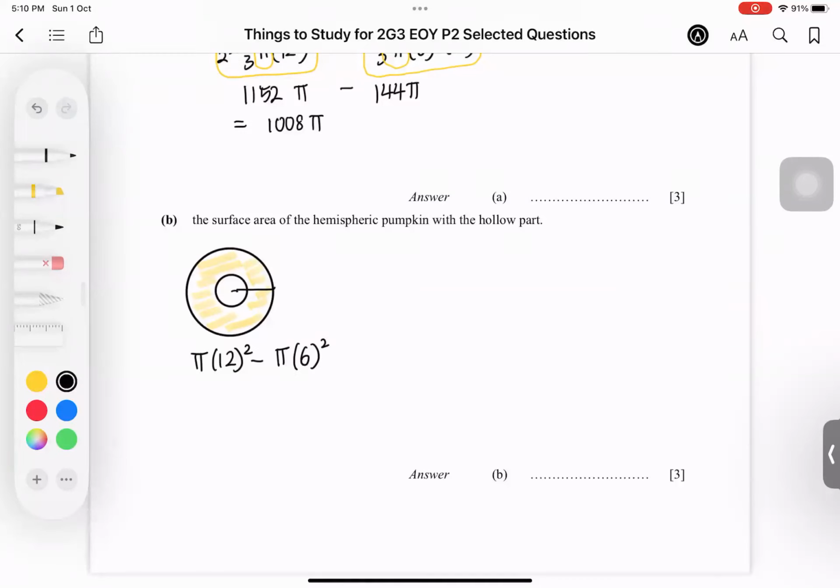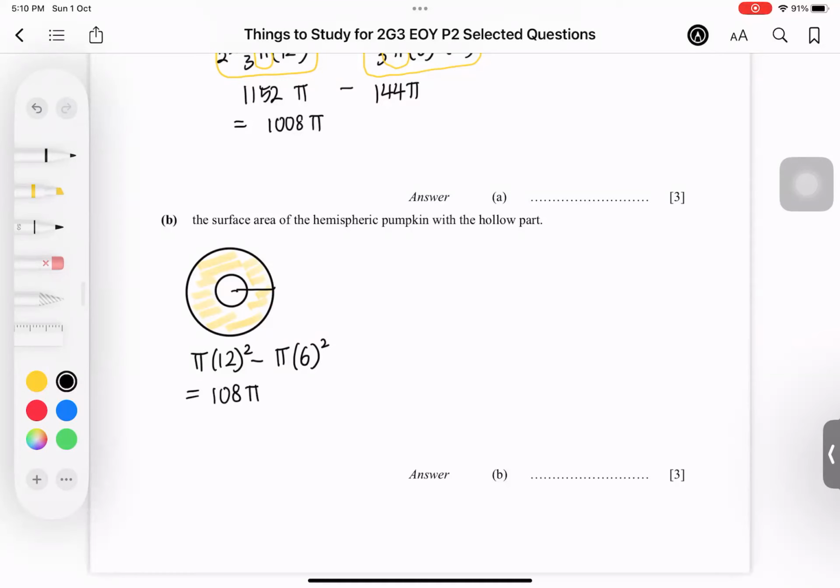I intend to leave everything in terms of pi so that I don't have so many decimals to run off with. 12 squared is 144, minus 6 squared is 36. So 144 minus 36, I'm left with 108 pi.